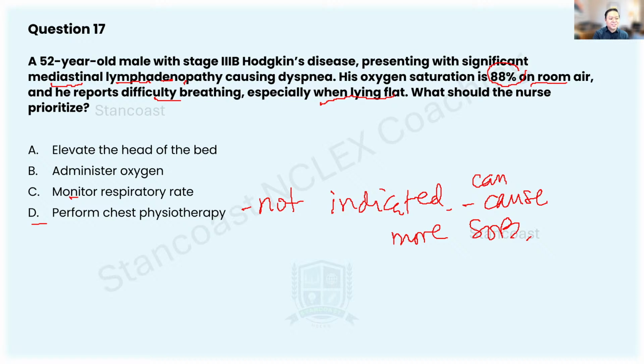All right, let's take a look at letter B. Administer oxygen. What do you think would be the reason that it could be the best or maybe not? Well, administering oxygen can help improve oxygenation.